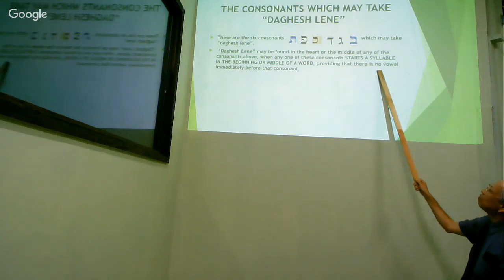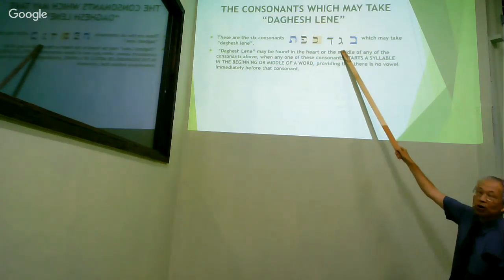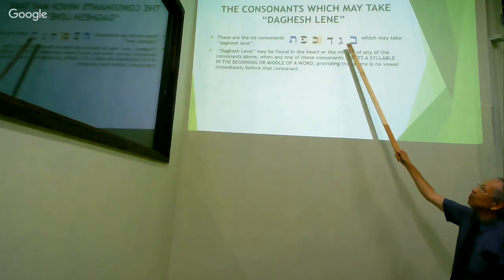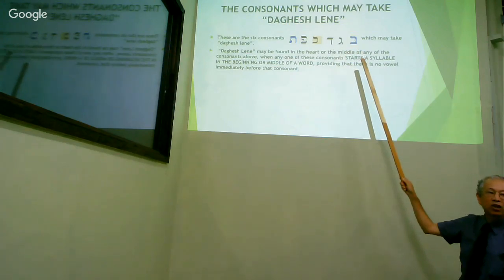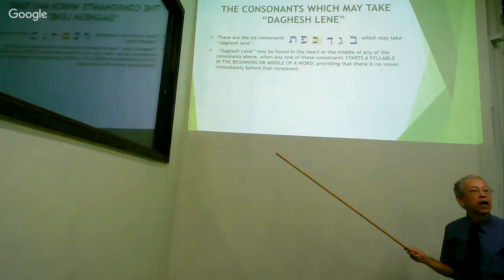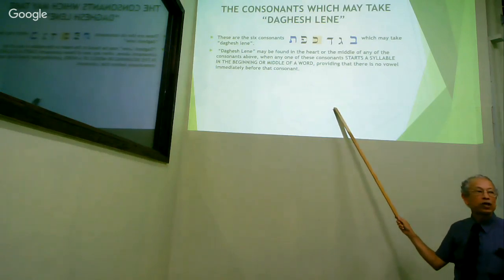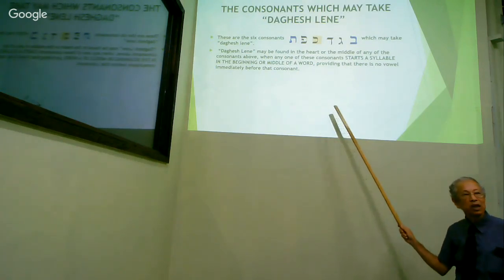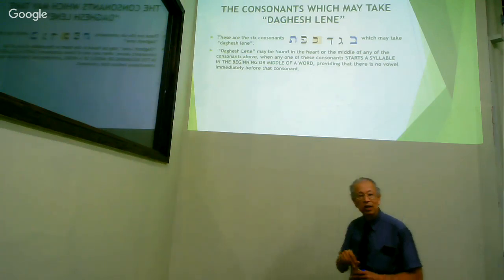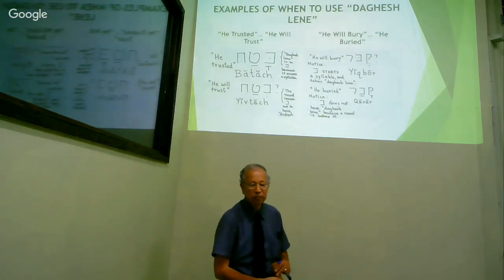But if there is a vowel before this letter, as we're going to see in the next slide, if there is a vowel before this letter that has the Daghesh Lene in it, the Daghesh Lene is going to run and hide. It can't take it. When there is a vowel right before the letter that has the Daghesh Lene in it, it is not going to stay in the letter, it is going to leave. It can't really stay there if there is a vowel. Let me illustrate it with the next slide.